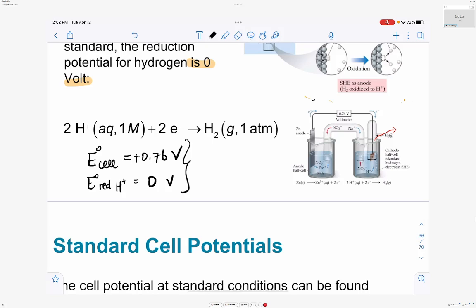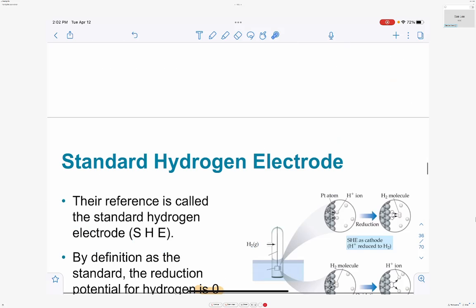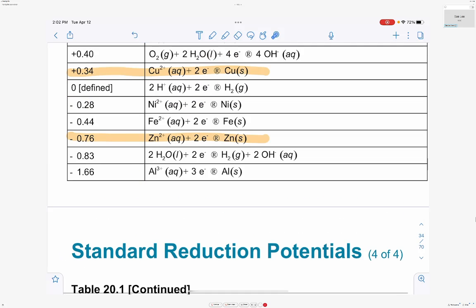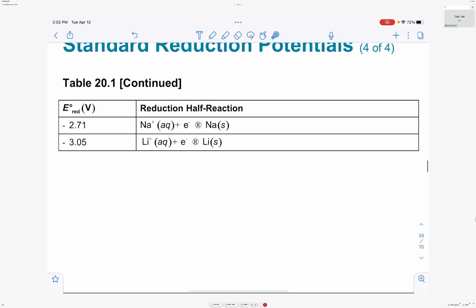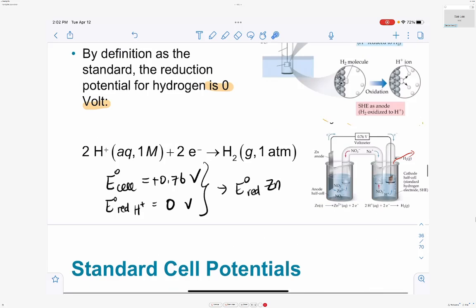So we use these two values to find out the reduction potential of zinc. And this is how all other reduction potentials were found, using hydrogen as a standard.